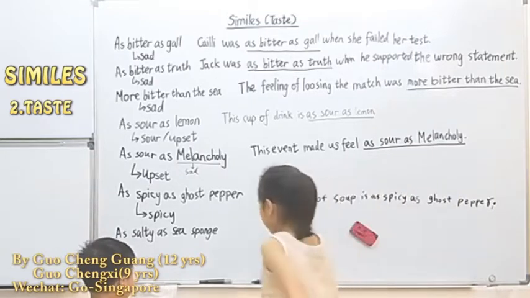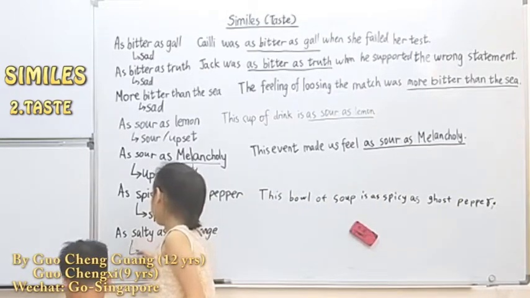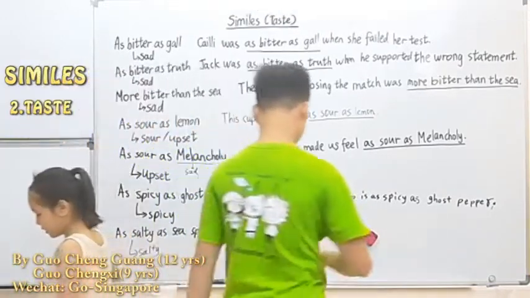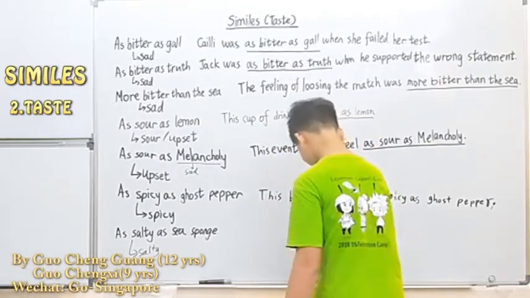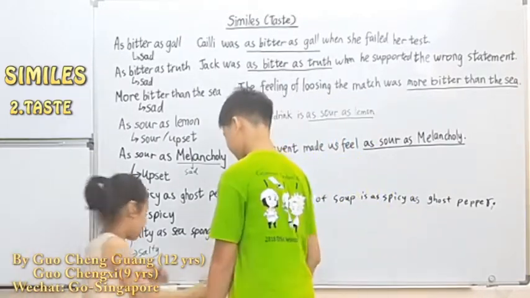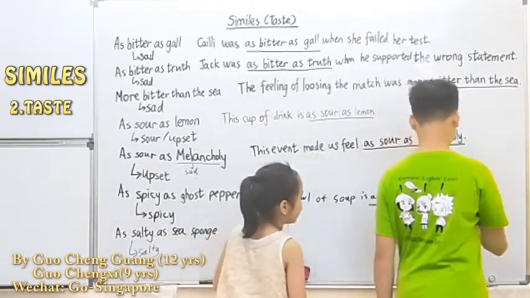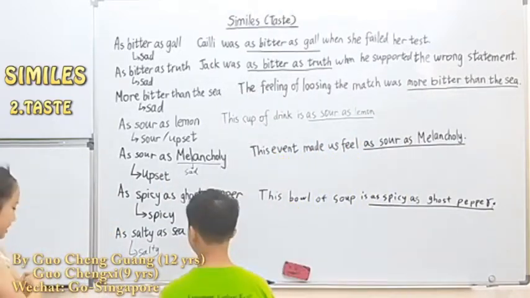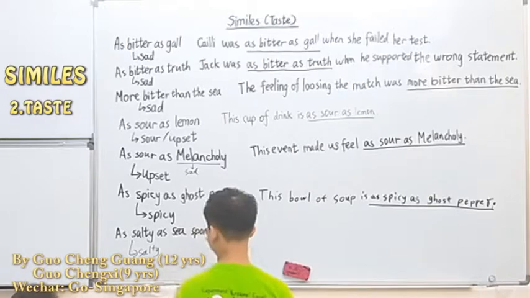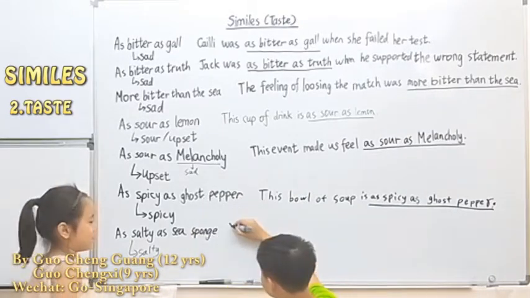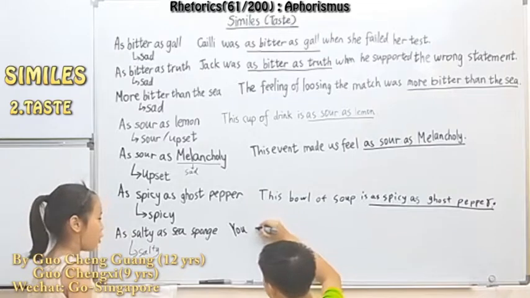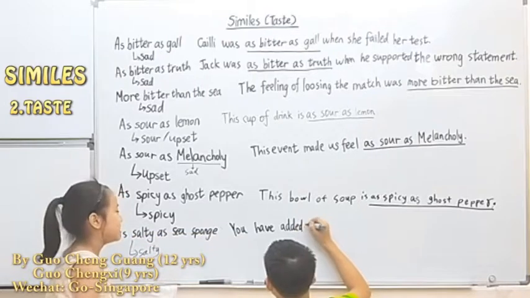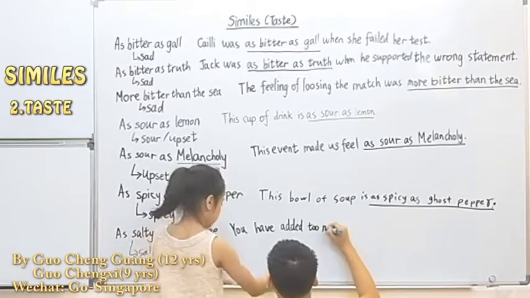Okay, so give an example. This just means salty. I'll read it out, word by word. As salty as sea sponge. Write it in a straight line.